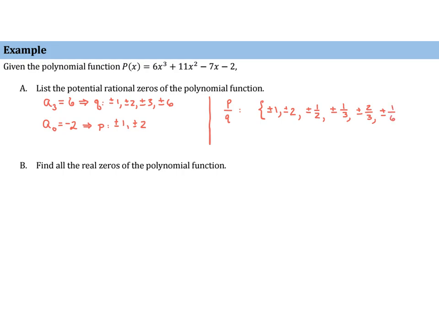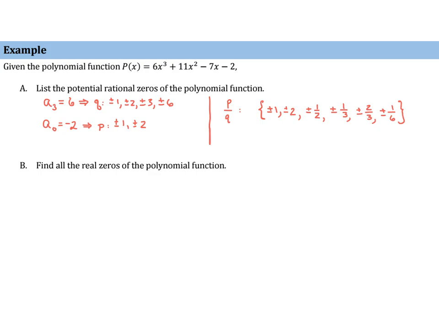And then plus or minus 2 divided by plus or minus 6 is plus or minus 1/3, which we've already included. So how many candidates for potential rational zeros do we have? So we have 1, 2, 3, 4, 5, 6, 7, 8, 9, 10, 11, 12 potential rational zeros. 12 candidates. So let's start.